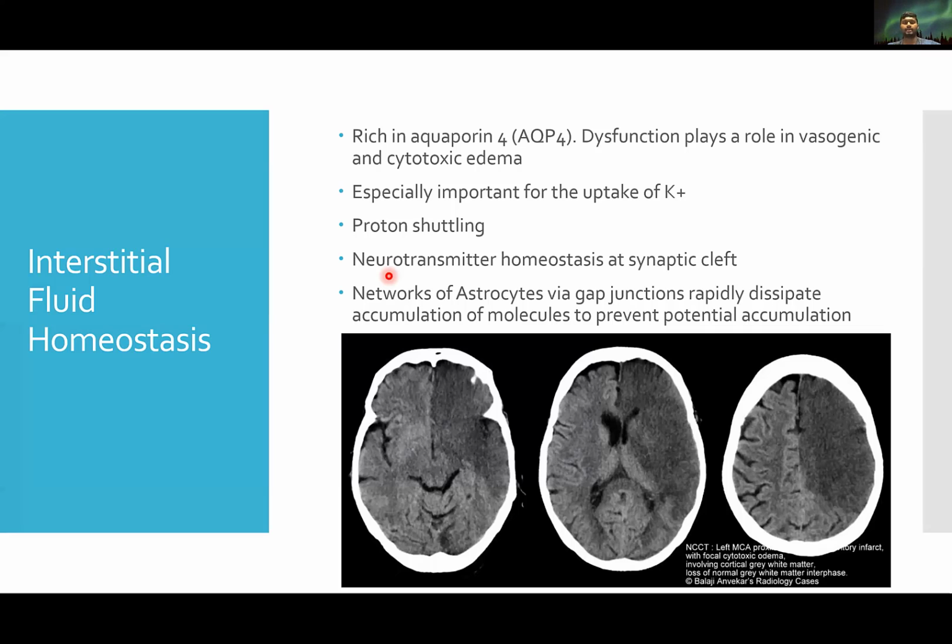So very important there. And as we've talked about, networks of astrocytes via gap junctions rapidly dissipate accumulation of molecules to prevent potential accumulation. So again, this goes right back to the fact that there is very little domain overlap except on the edges where they're connected by gap junctions.